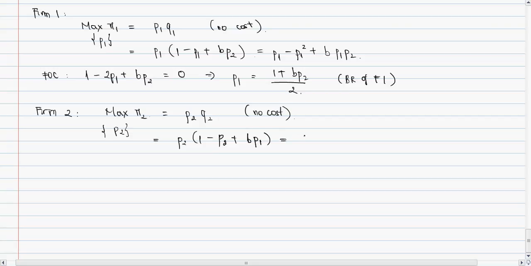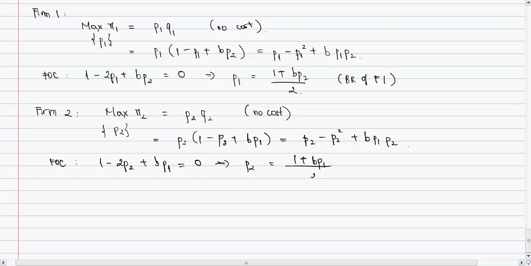Expanding, I get P2 minus P2 squared plus B P1 P2. The first order condition is 1 minus 2P2 plus B P1 equal to 0, and therefore P2 will be equal to 1 plus B P1 divided by 2. This is the best response function of firm 2 in terms of the price.